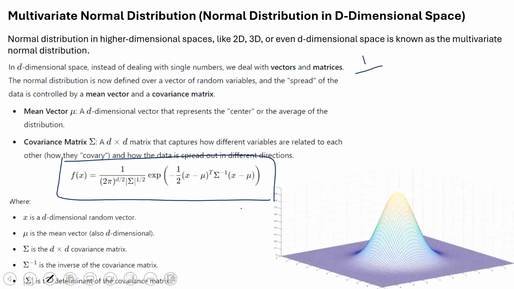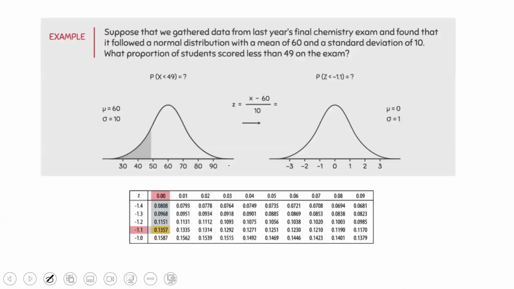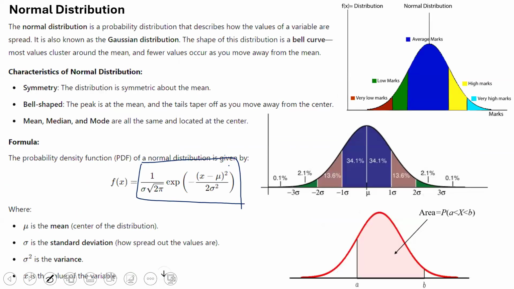Now in higher dimensions, you have that sigma replaced with the covariance matrix. Variance or standard deviation is replaced with the covariance matrix. In x minus mu whole square by 2 sigma square, this sigma square, which is the variance, is replaced with the inverse of the covariance matrix. You understood this, right?